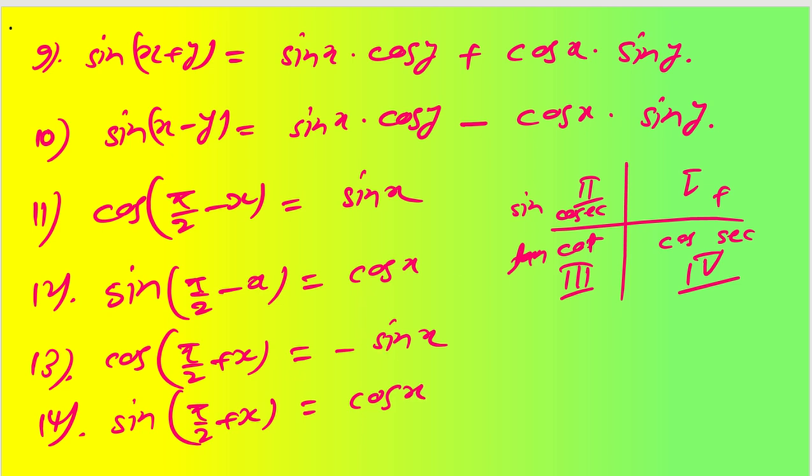Okay. Similar to that, we will have another one, cos of pi minus x. So it will become minus of cos x. With pi by 2, cos changes to sin and sin to cos, but if it is pi, then it will remain the same.